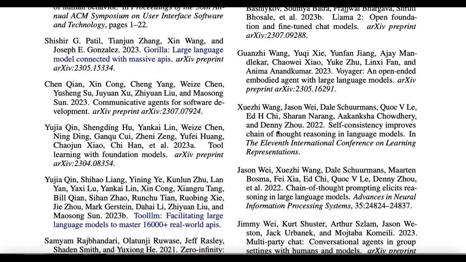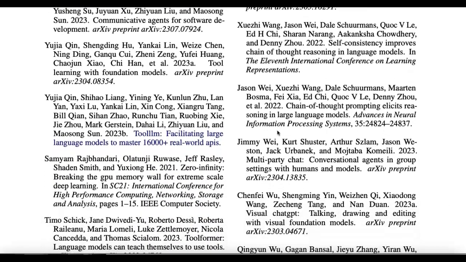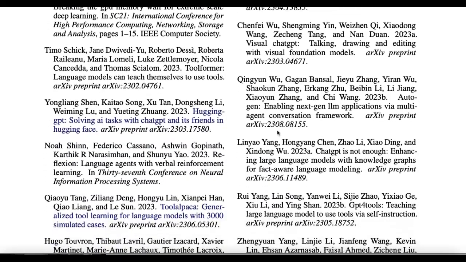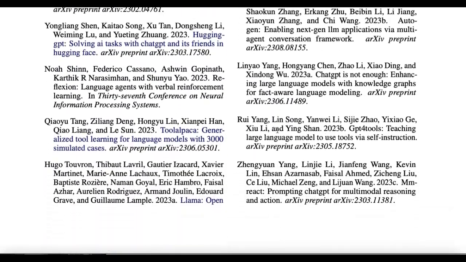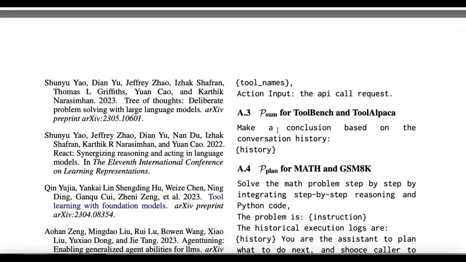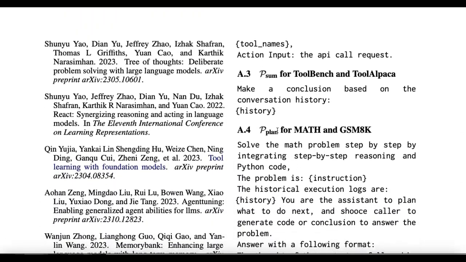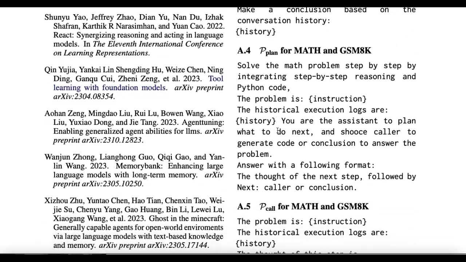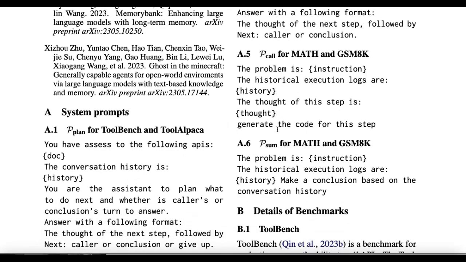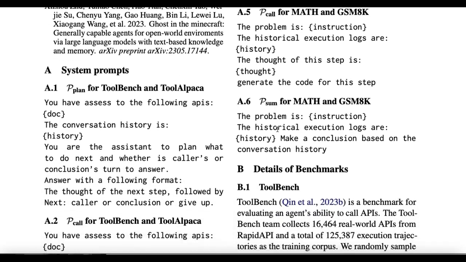Think of it as the sous chef, outlining the order of operations. Caller. This chef interacts with the tools, fetching ingredients and performing specific actions. Imagine them grabbing the pans and chopping the vegetables. Summarizer. This chef takes the raw output and presents it in a beautiful, digestible dish. Think of them plating the final masterpiece.